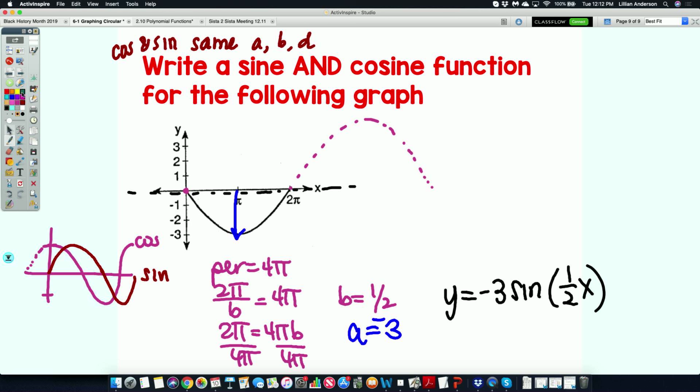So I already know that my cosine function is -3 cosine 1/2 x something plus 0. The one thing that's the difference between sine and cosine is that phase shift. Okay?